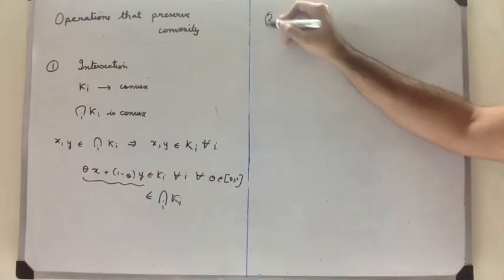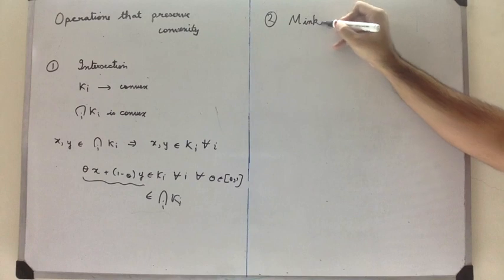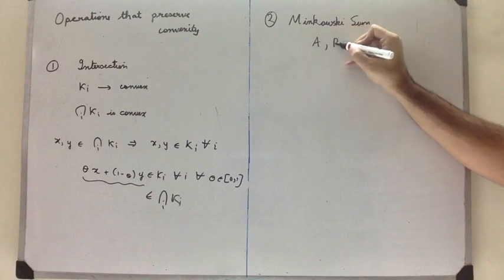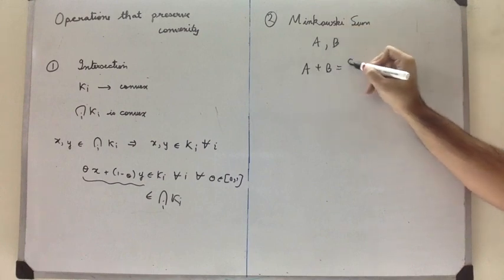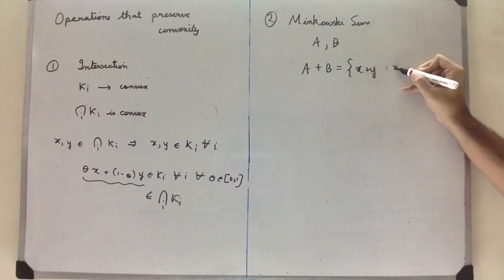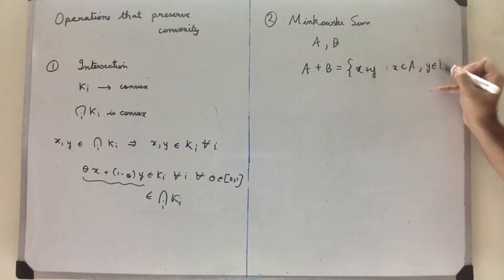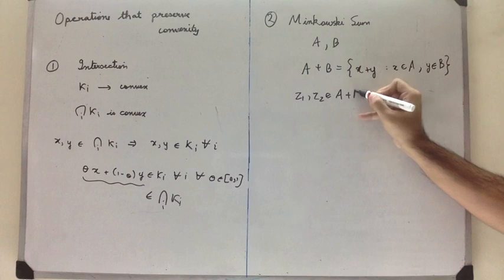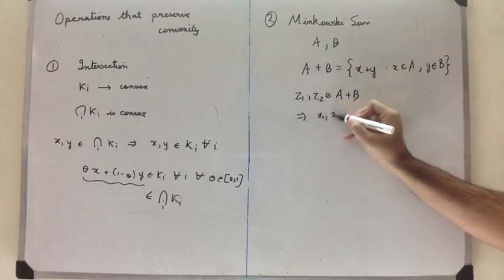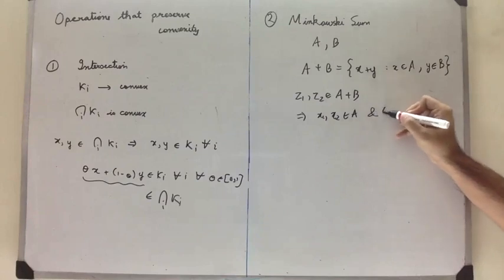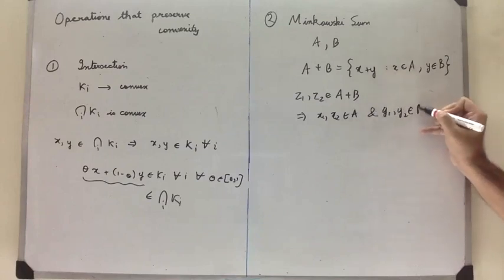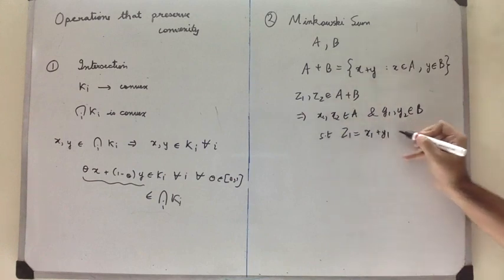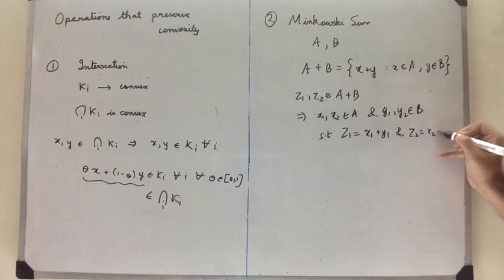The second is that the Minkowski sum of two convex sets is convex. If A and B are two sets, then A plus B is defined as the set of all x plus y such that x is an element of A and y is an element of B. Now if you take some z1, z2 that lie in A plus B, this implies there exist x1, x2 elements of A and y1, y2 elements of B such that z1 is x1 plus y1 and z2 is x2 plus y2.